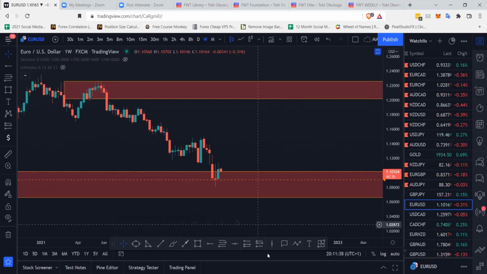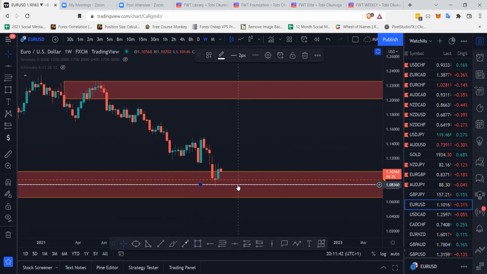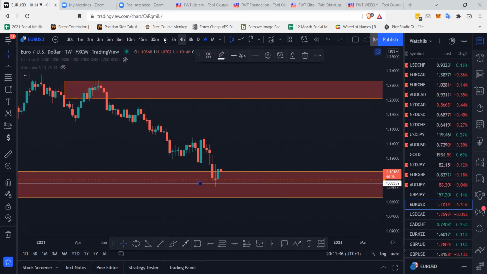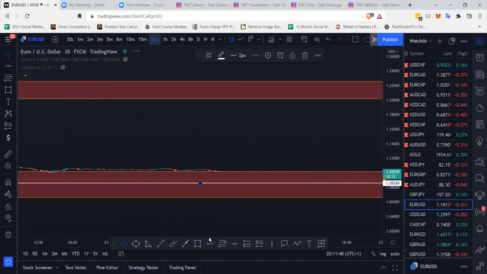Oh, put buys on this guy. Median line. Go to 30 minutes real quick.